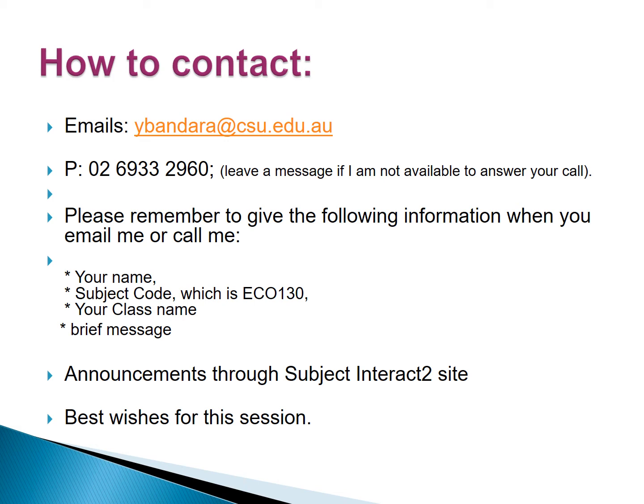If you are registered in Bathurst Internal, it is BI. If you are from Port Macquarie, it is PTI. If you are from Wagga Internal, it will be WI. Or if you are from Bathurst Distance Mode, it will be BD.